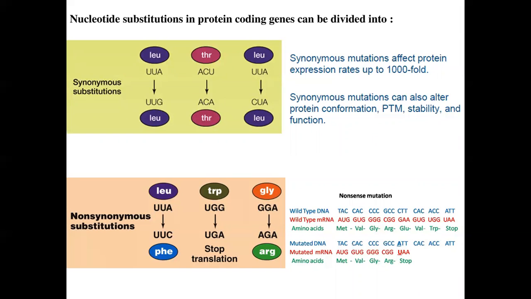Another example is threonine, which is coded by both ACU and ACA. If ACU is replaced by ACA, U replaced by A, it will still produce threonine. So synonymous substitutions are point mutations which do not alter the amino acid sequence and are sometimes called silent mutations because they produce the same amino acid.